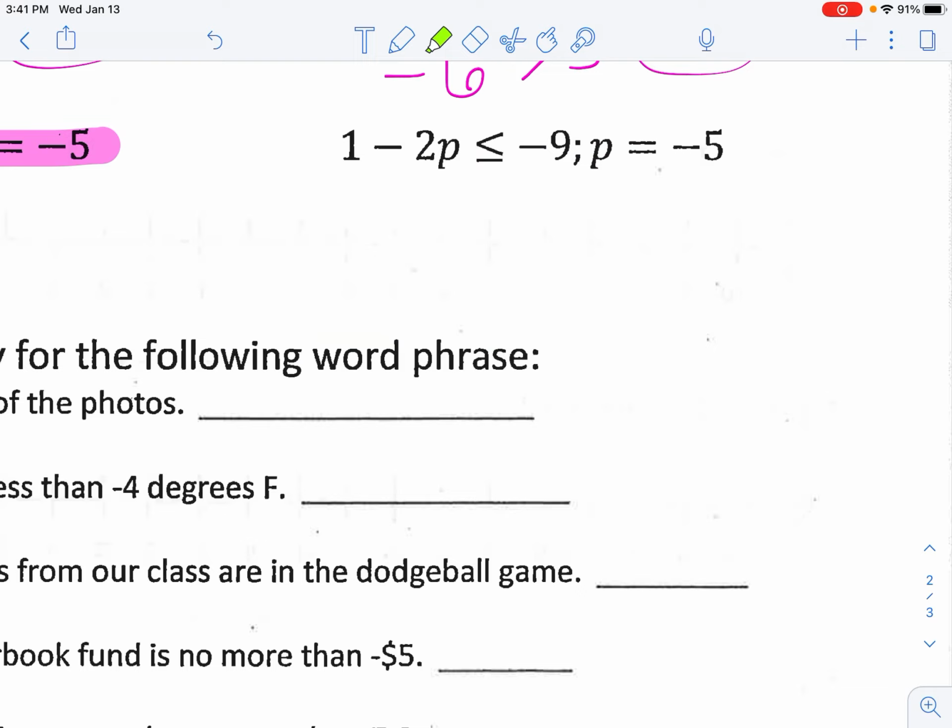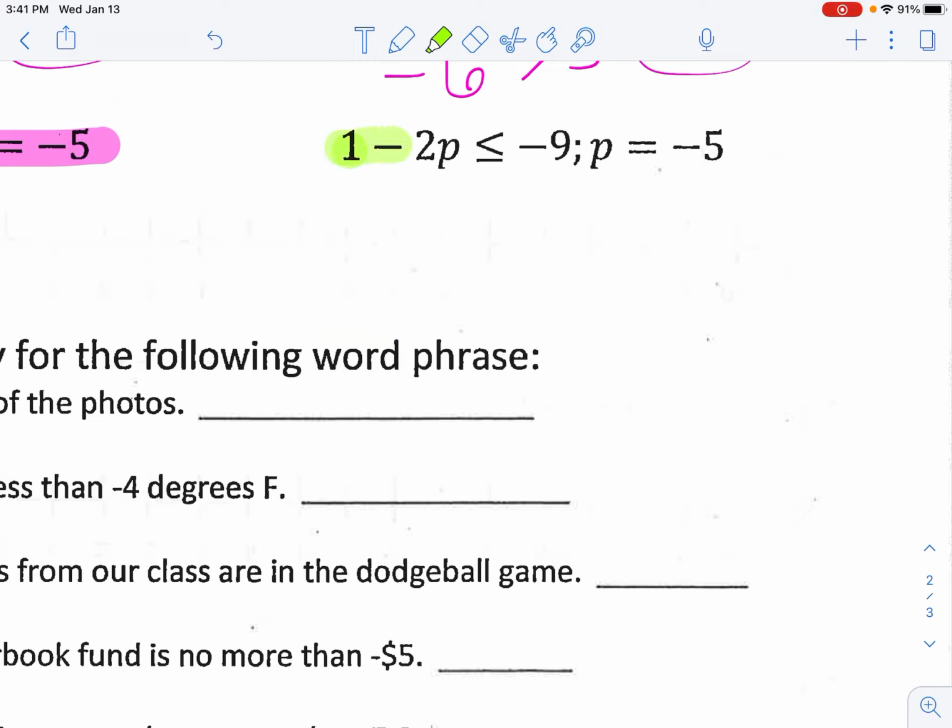Is 1 minus 2 times p less than or equal to 9 when p equals -5? Is 1 minus 2 times -5 less than or equal to -9?